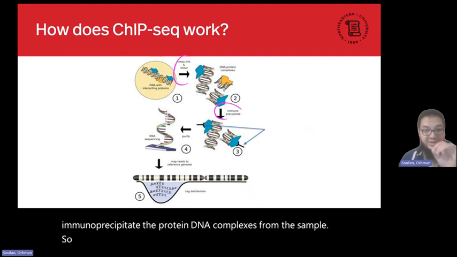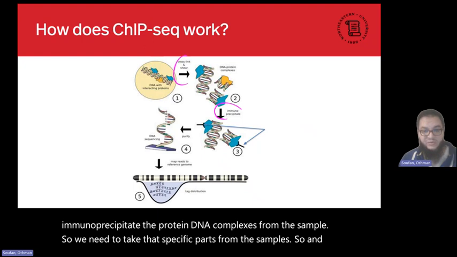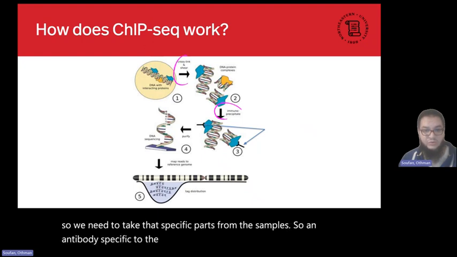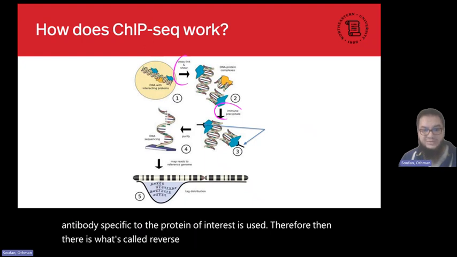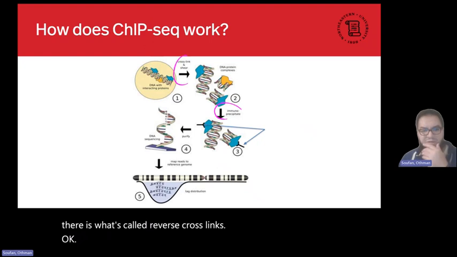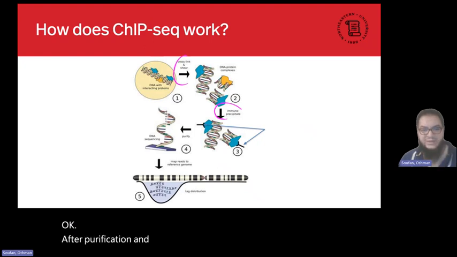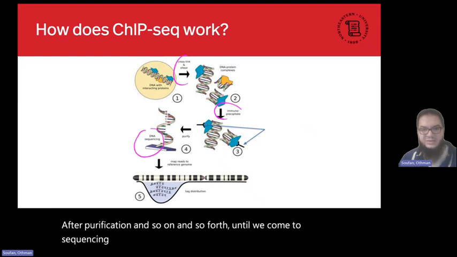So we need to take those specific parts from the sample. So an antibody specific to the protein of interest is used, therefore. Then there is what's called reverse cross-linking, okay, after purification and so on and so forth, until we come to sequencing at this stage.